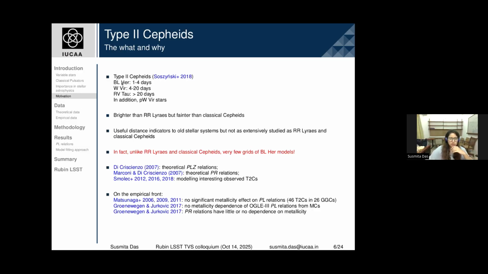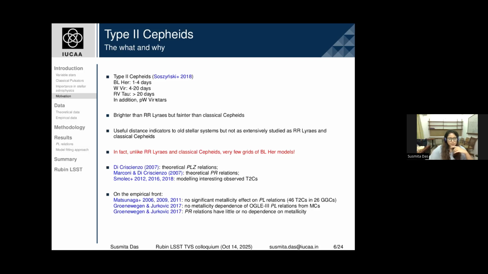So, of course, all of these are in different evolutionary stages, but from the observational point of view, the convention to classify them is: BL Hers belong to the shortest pulsation period, between 1 to 4 days. W Virginis have pulsation periods 4 to 20 days, and RV Tauri stars have pulsation periods greater than 20 days.